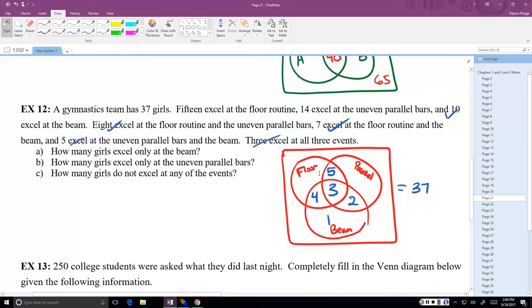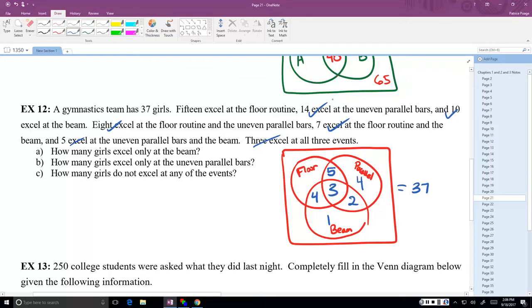Right now the parallel circle adds up to 10, so that leaves how many? 4. And who are those 4 people, Kristen? People who excel only at the parallel bars, right, nothing else.